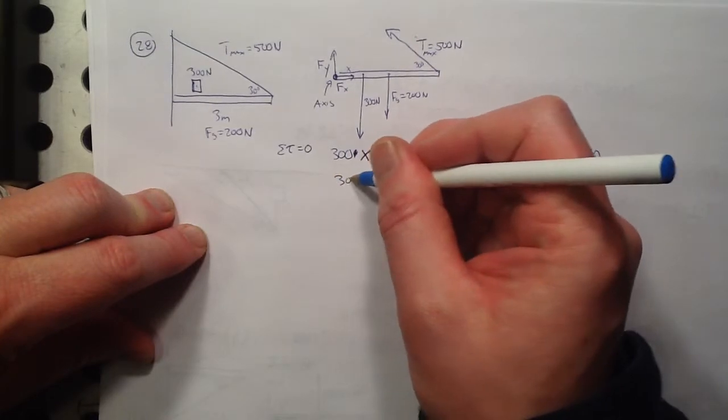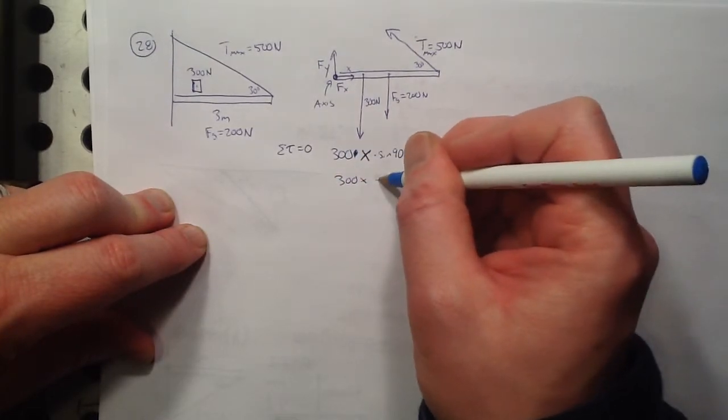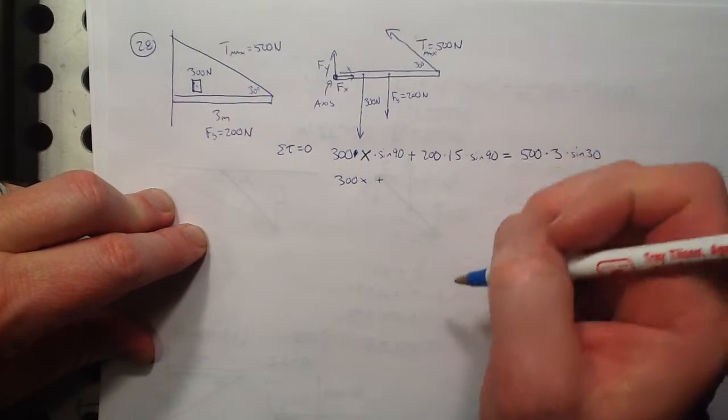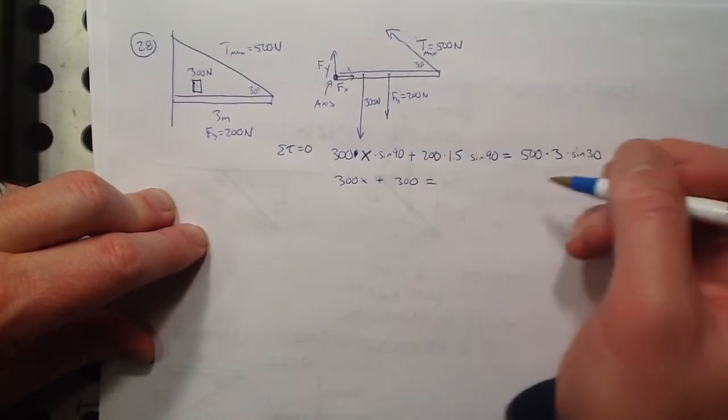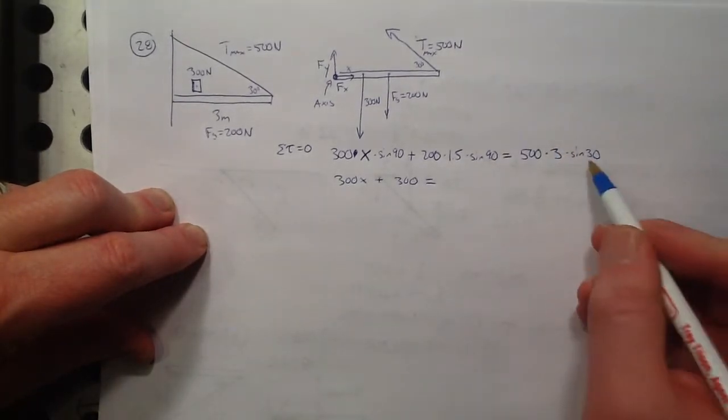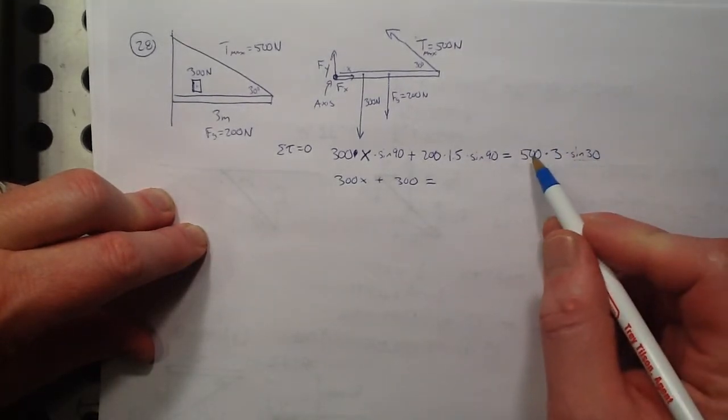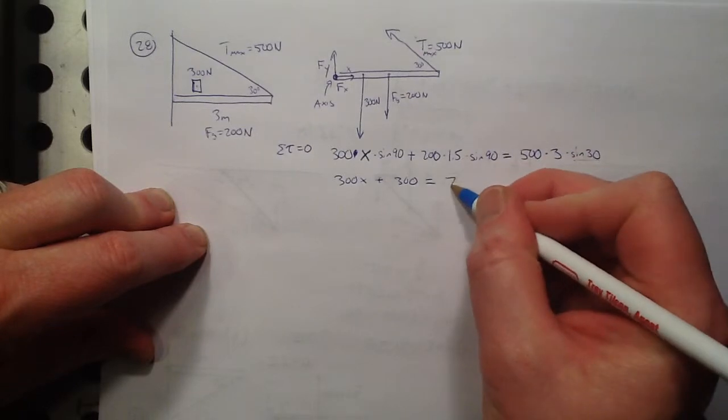So 300x, sine of 90 is 1, 200 times 1.5 is 300, sine of 90 is 1, and then sine of 30 is 1/2, so that's 250 times 3, that's 750.